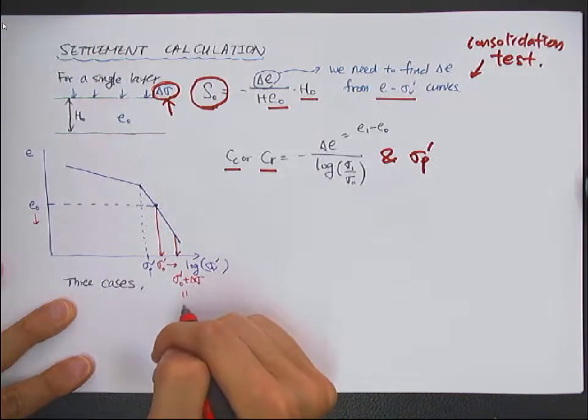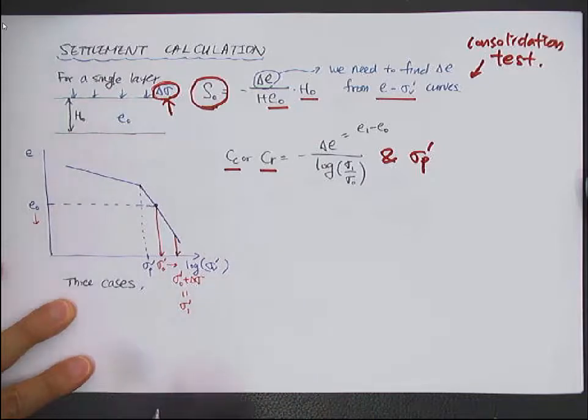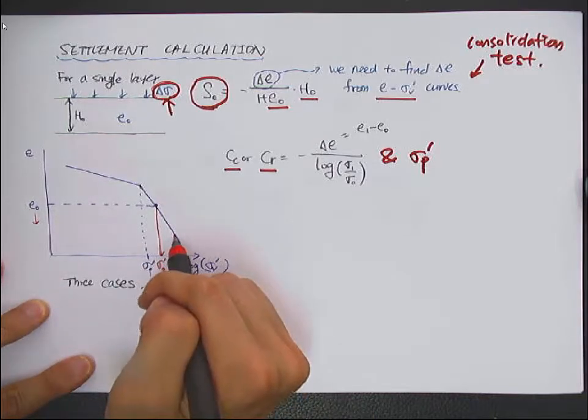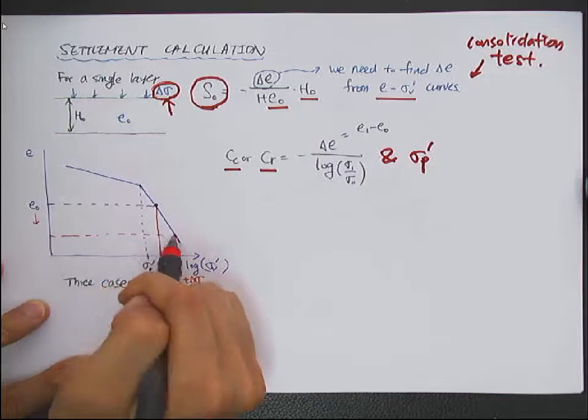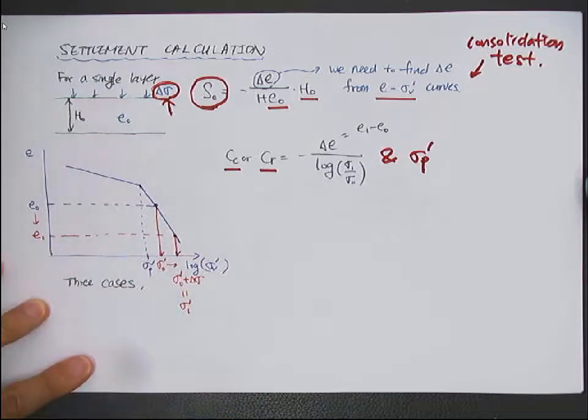And the final effective stress is sigma 1 prime. And then the void ratio is e1.